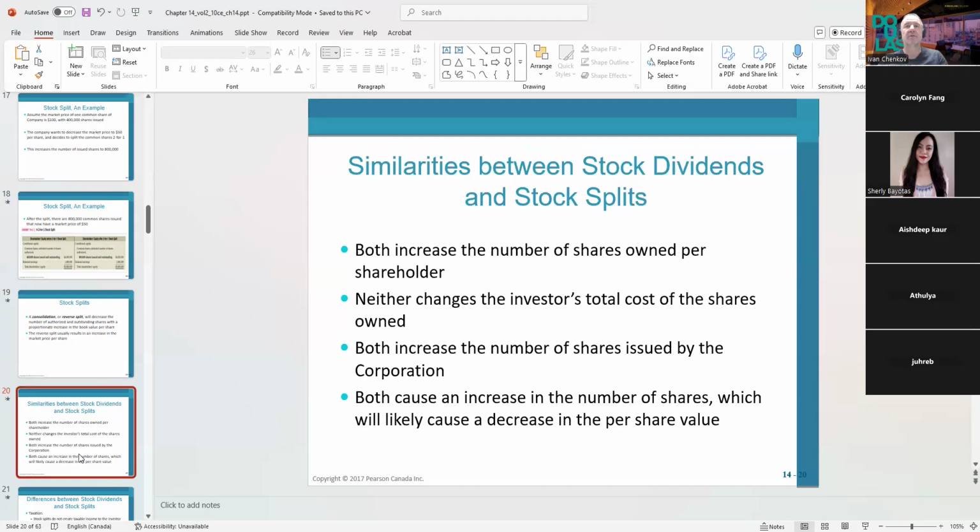Both increase the number of shares issued by the corporation, and both cause an increase in the number of shares, which most likely is going to decrease the market value per share, not the book value per share. Book value per share obviously is going to change, but we're talking about the market value.